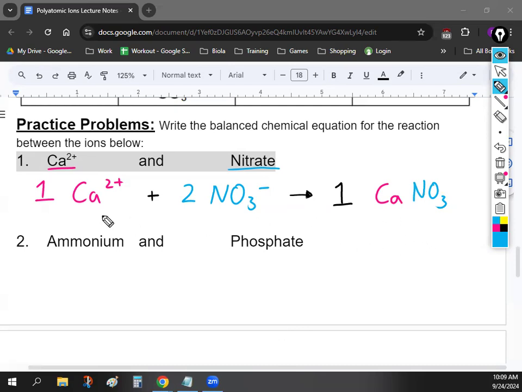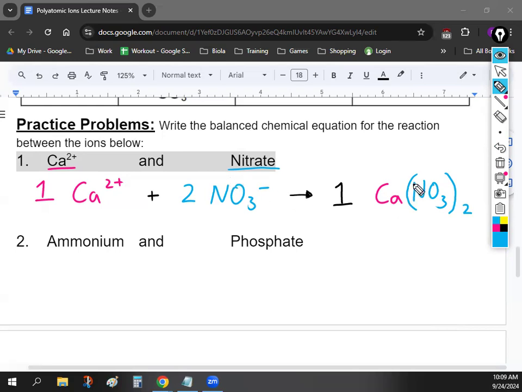All right, now, we only need 1 Ca, so we can just leave that by itself, but we need 2 of these nitrates, right? Unfortunately, we can't just put a 2 right here because then it looks like we have 32 oxygens, right? So instead, we're going to put this entire polyatomic in parentheses, and then we put a 2 behind it, okay? And that's it.